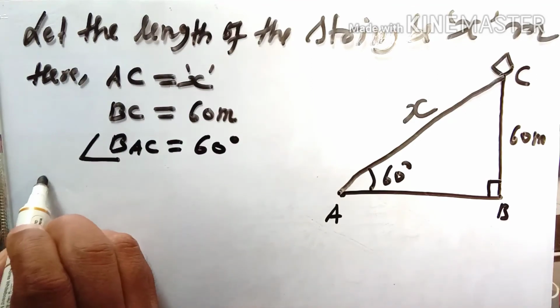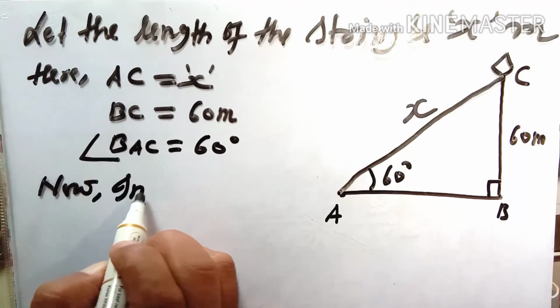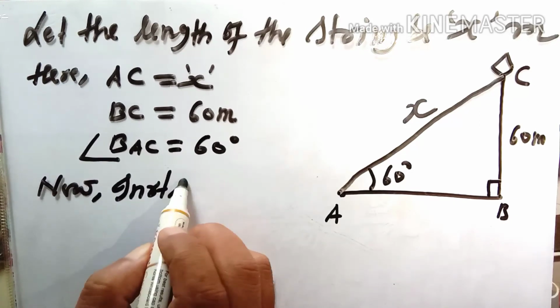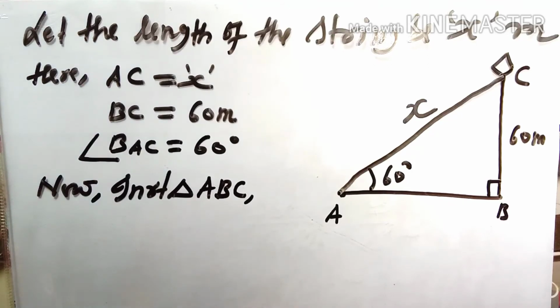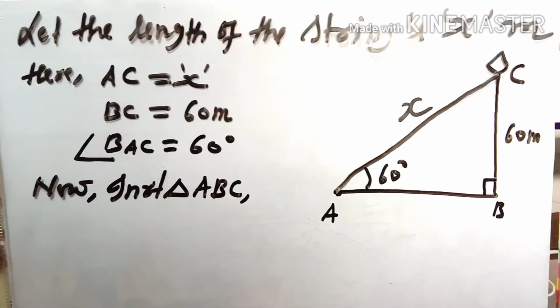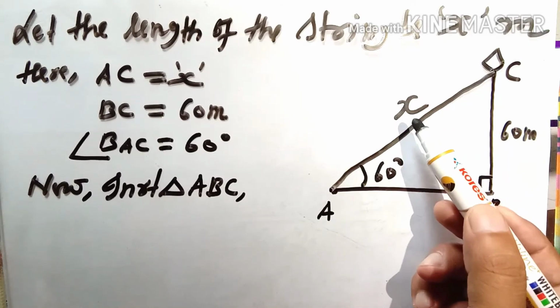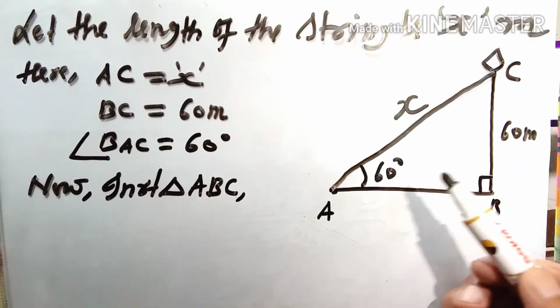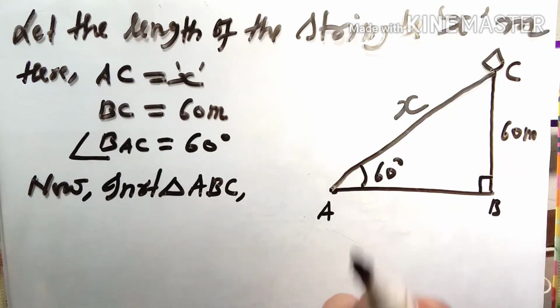With this information we can find the length of the string. Now in right triangle ABC, which ratio do we need to take? The opposite side is given and we need the hypotenuse. If the question is related to the hypotenuse side, then always try to take the ratio of sine theta.